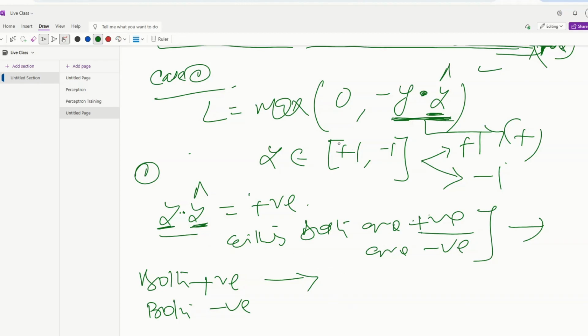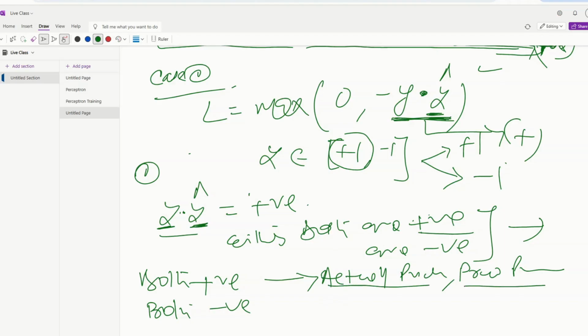Suppose positive means my purchase happened, so I'm saying that actually the purchase happened, and y predict is also positive, I mean the prediction is also saying purchase happened.